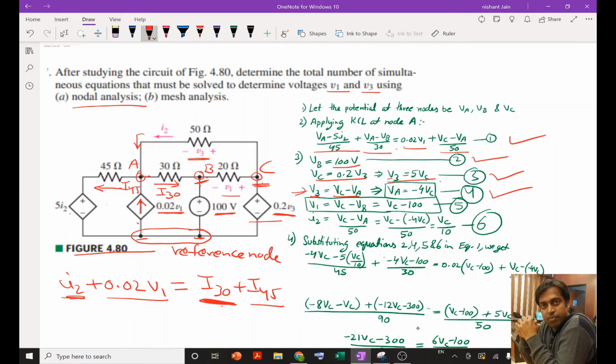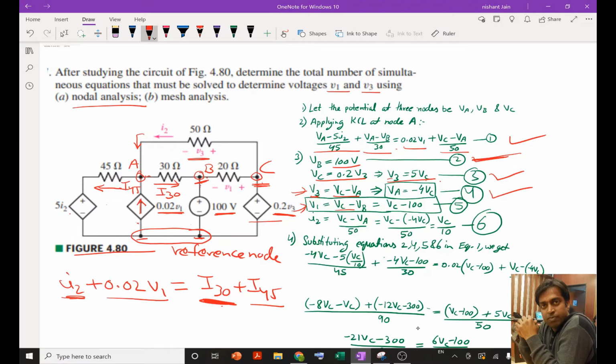After that, V1 can be expressed as VC minus VB. Substituting the value of VB from equation 2, I get VC minus 100.